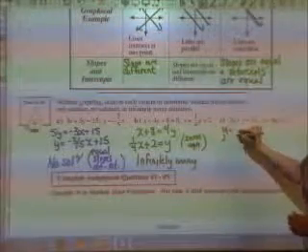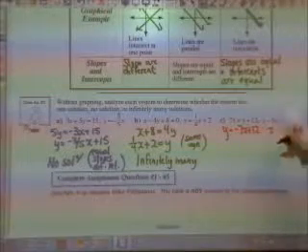And then if we take a look at the last one, I'm going to throw the 7x to the other side, which will make it negative. In this one, I'm going to throw the y to the other side, which will make it positive. Let me start over. Bring the 6y over, it will become positive.